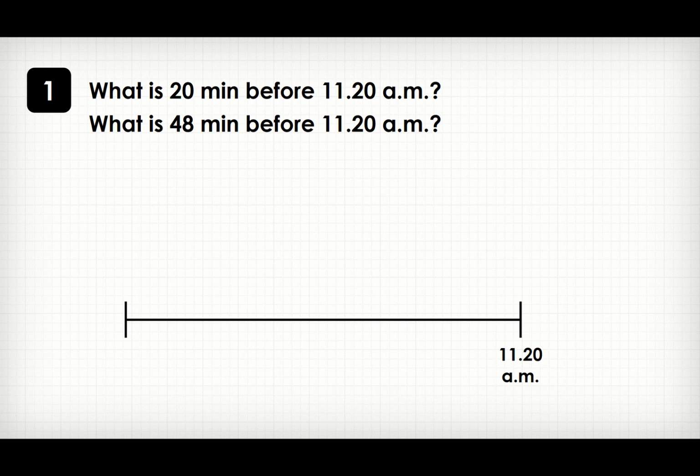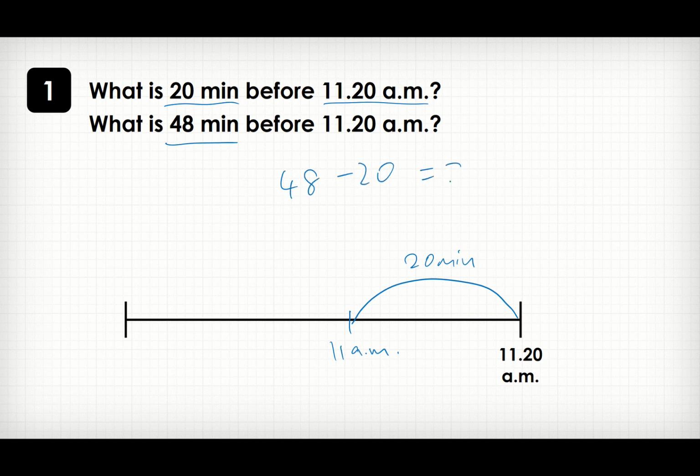Another example: what is 20 minutes before 11:20 a.m.? Go back 20 minutes, that will be 11 a.m. Then what is 48 minutes before? 48 minus 20 is equal to 28.